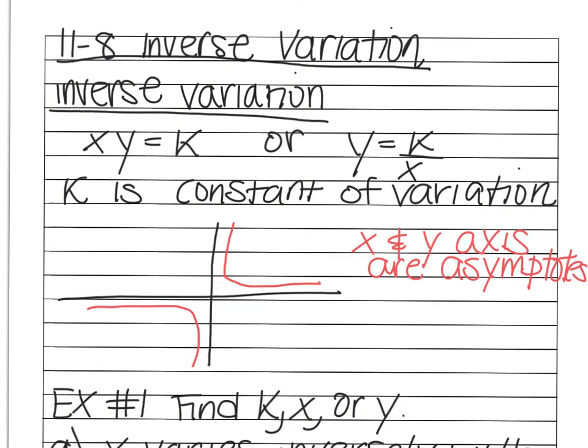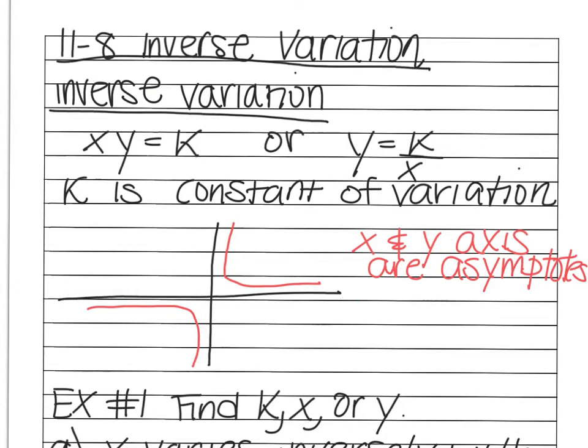And this right here is what your inverse variation would look like. These are called hyperbolas. So hyperbolas get closer and closer to asymptotes. And asymptotes are these x and y values here, or x and y axis, I should say.